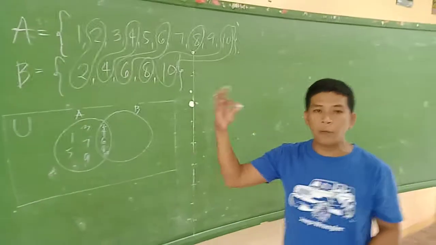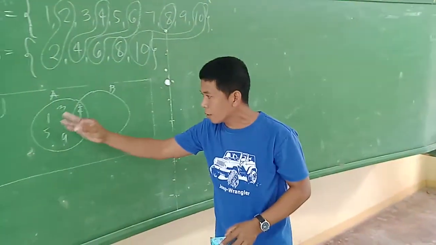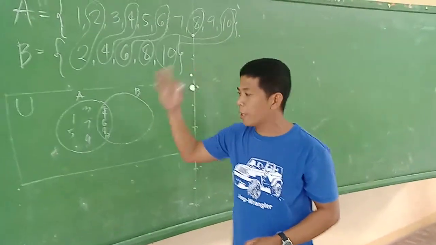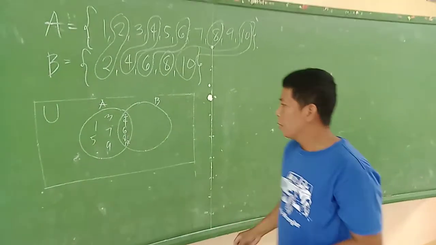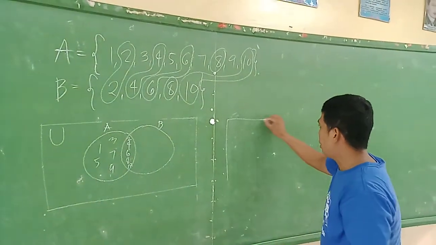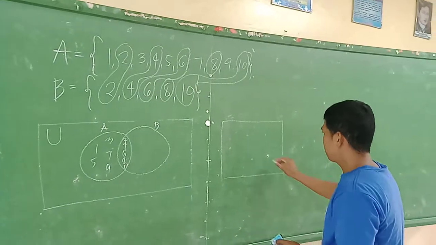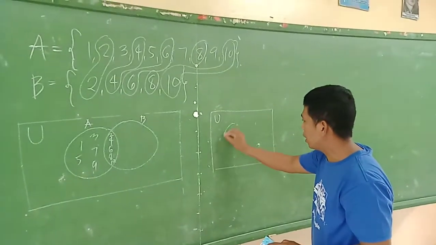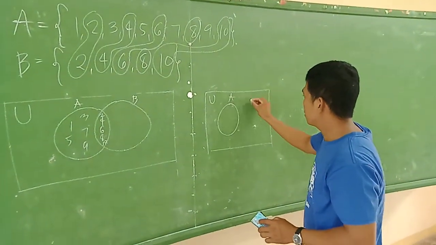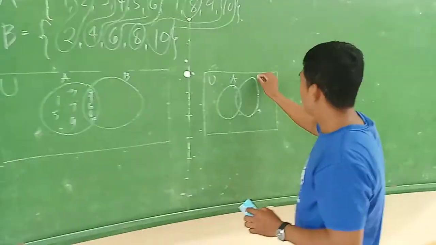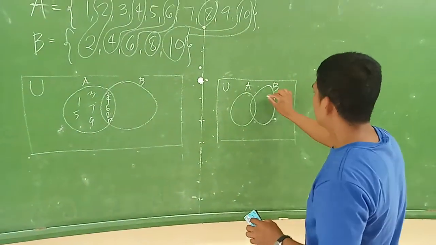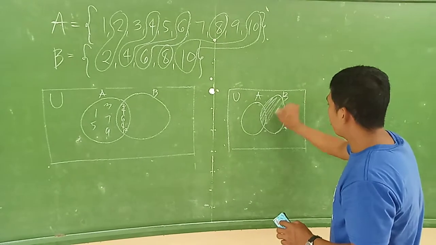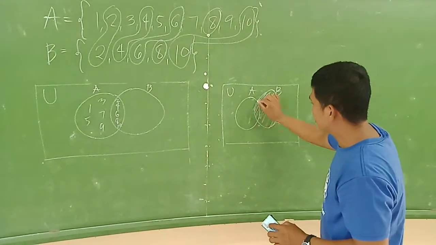So this is the way we represent sets A and B in a Venn diagram. For the union, the shaded part covers the universal set, set A, and set B, including what is common to both. It is the combination of the two sets.